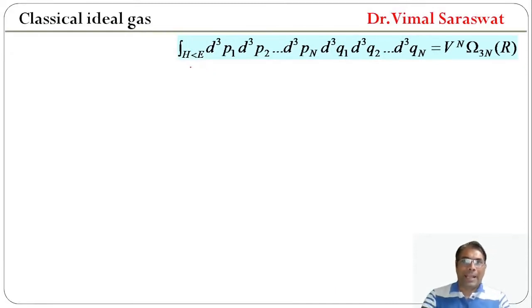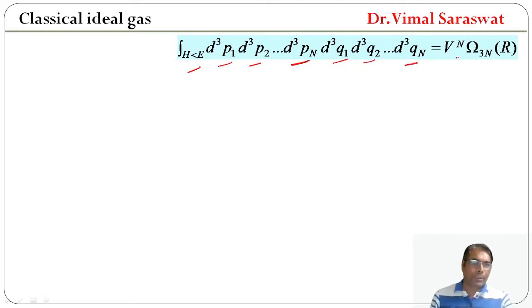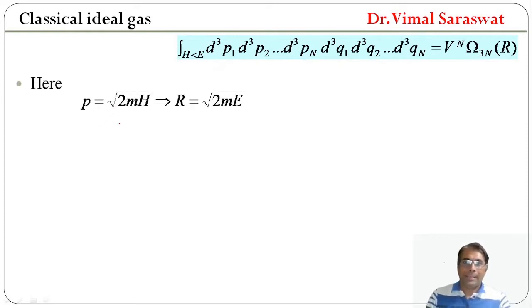Now the integration over H less than E of d3p1 up to d3pn, d3q1 up to d3qn is equal to V raised to n omega 3n r. Here p is equal to root of 2mH.